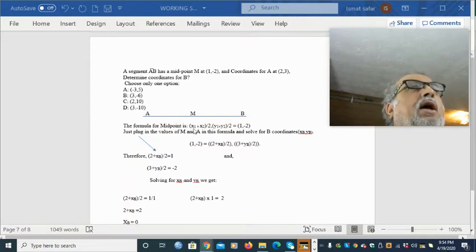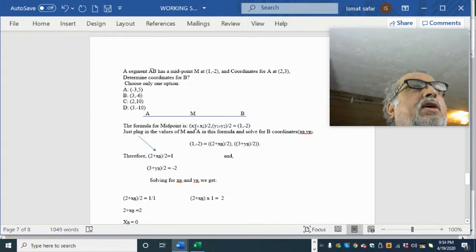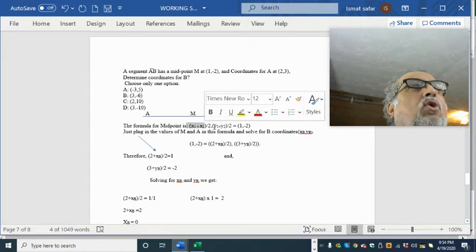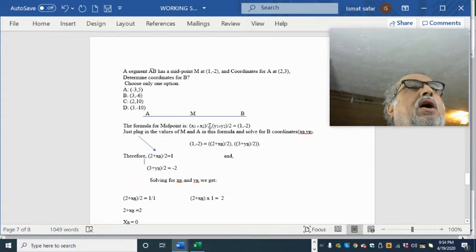So this is the x coordinate of M, and this is the y coordinate of M, and the coordinates are 1 and negative 2. It's how far it is from the origin, 0, on the plane. I'll show you in a minute. I made a nice graph. So what we do here is just plug in. x1 plus x2 over 2 equals 1.